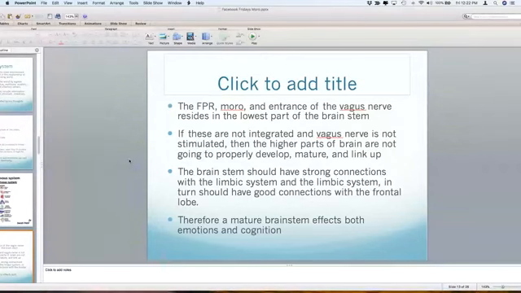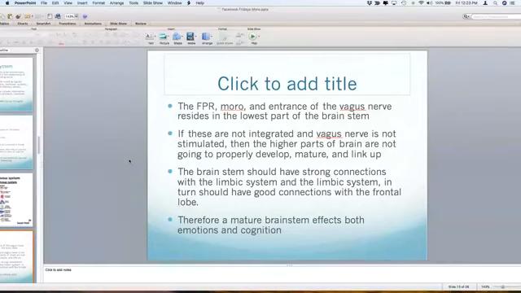The brain stem should have strong connections with the limbic system, and the limbic system in turn should have good connections with the frontal lobe. So in a good, healthy brain, the brain stem is connected strongly to the limbic system, and then the limbic system is also connected strongly to the frontal lobe.